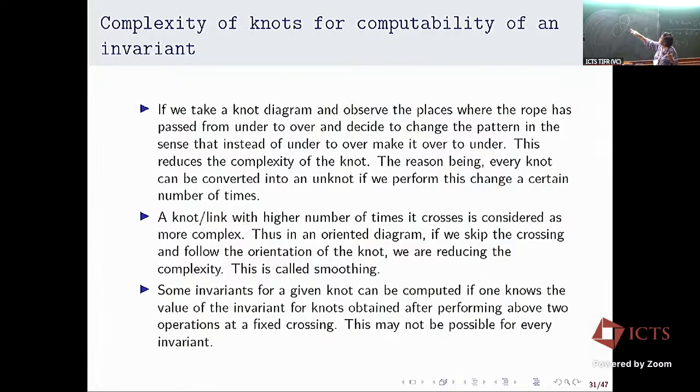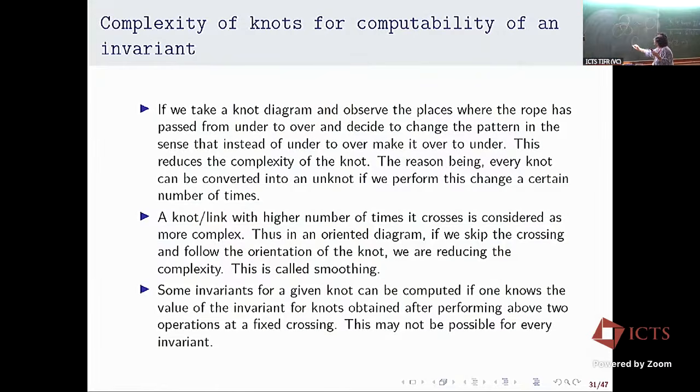In this case, the moment I switch anywhere, it becomes a knot. Because you can use Reidemeister move 2 to both of them are over, so it will become like this. And then Reidemeister move 1 and it will become 1. So switching a crossing is an operation which reduces the complexity.